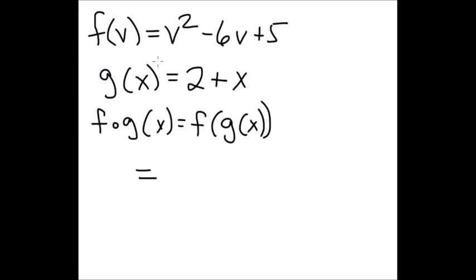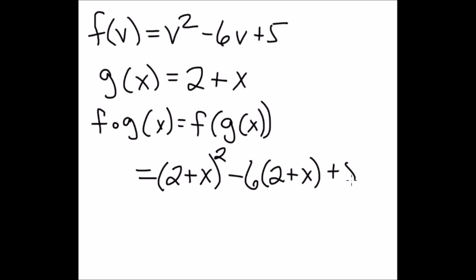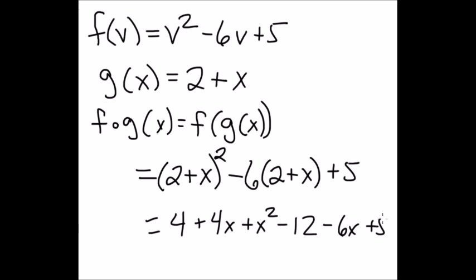So I'm going to take the function f of v squared and plug into it 2 plus x squared minus 6 times, now we have v again, I'll plug in 2 plus x plus 5. And if you want to, you can simplify that. Get something like 4 plus 4x plus x squared minus 12 minus 6x plus 5.